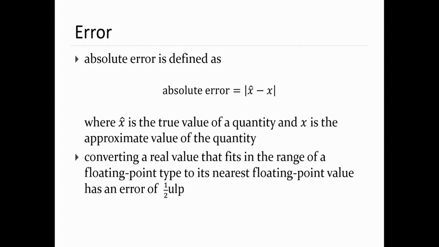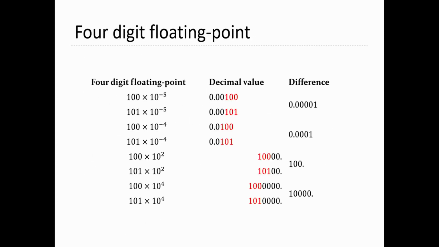Does that make sense to everybody? Can you understand why that must be true? Just go back to the table. I write down some value between 10,000 and 10,100. Pick any value you want, say 10,001.